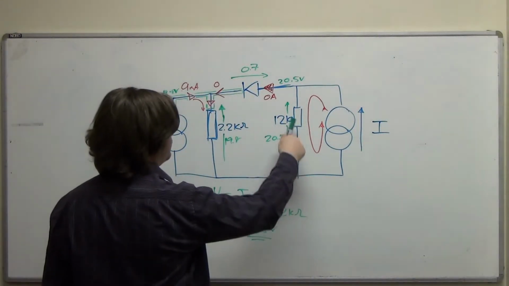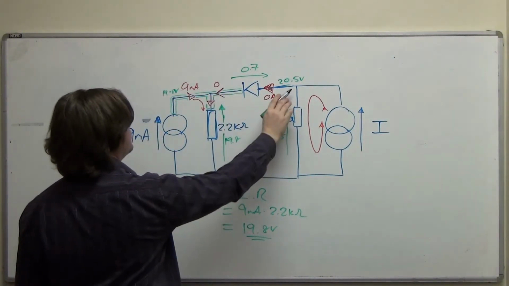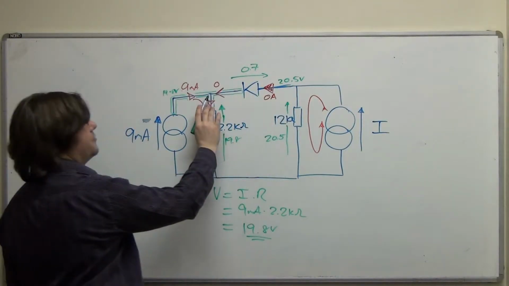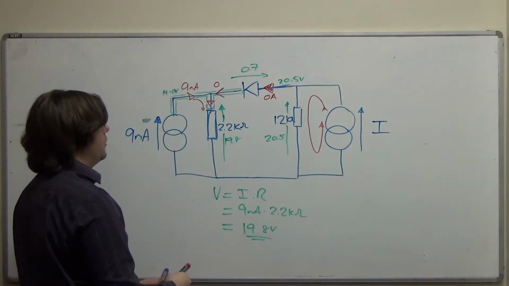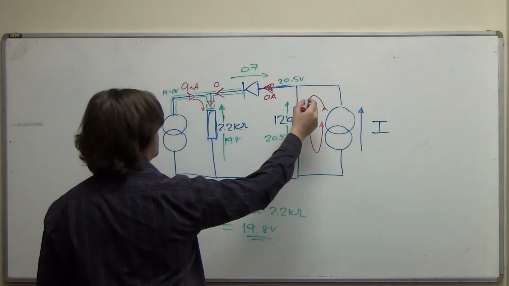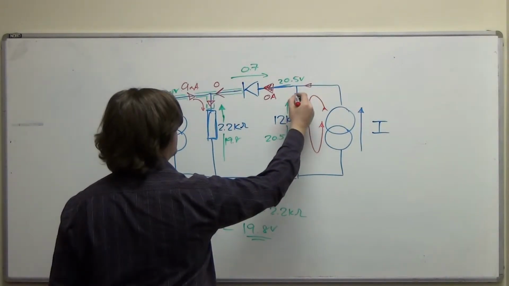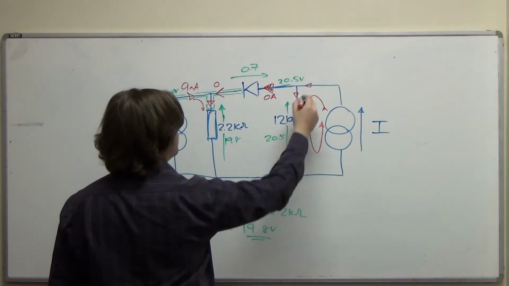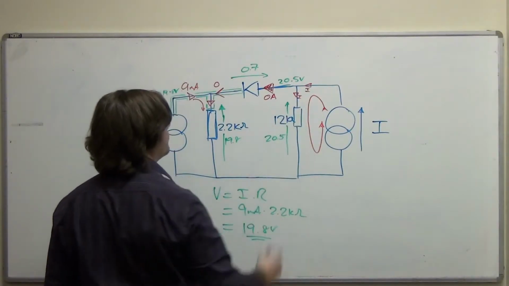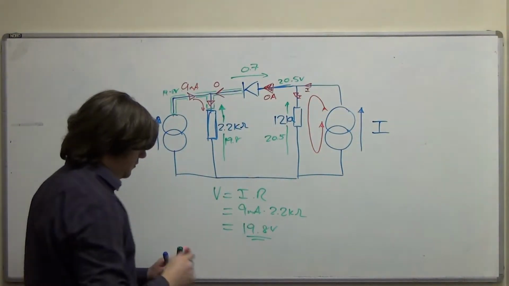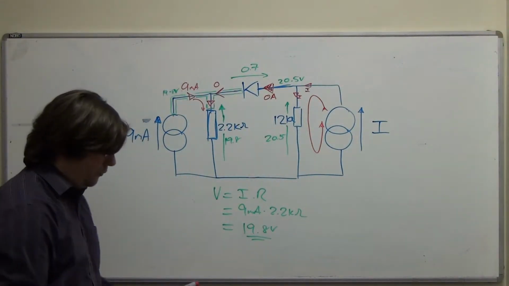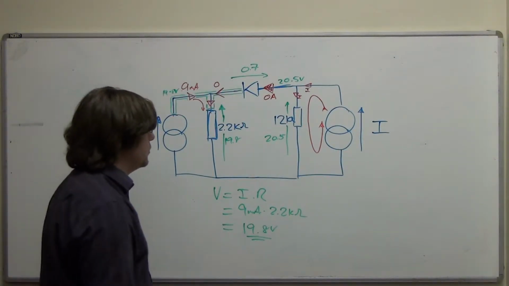And the reason we can do that is we can sum up the currents on this node as we did for this node, and we can say, well, there's no current there, so whatever current comes in here must be going down there. So this will be I amps and that will be I amps, and there's nothing going through the diode. Well, in that case, we can apply Ohm's law again.